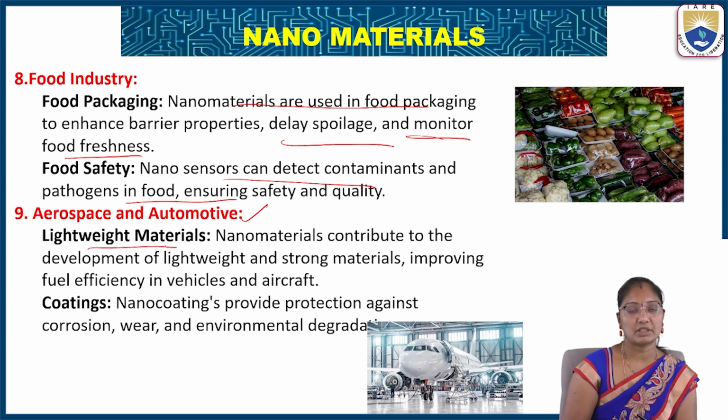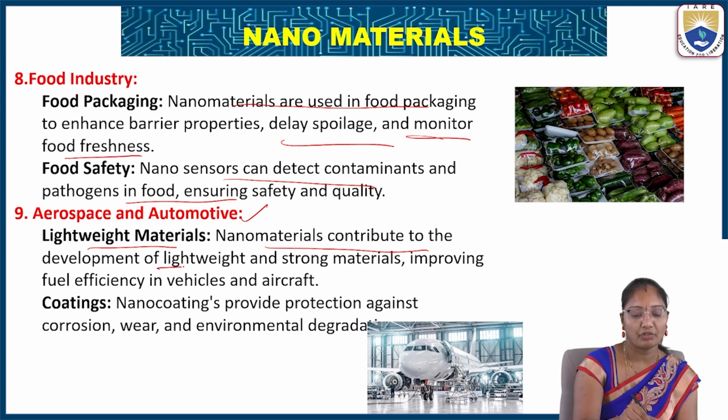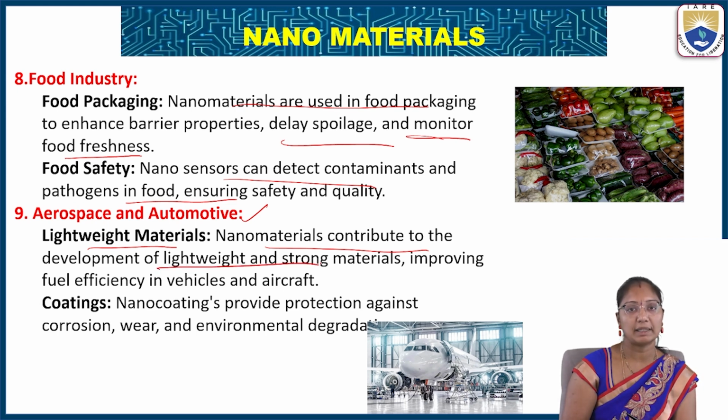They use lightweight materials. These nanomaterials contribute to the development of lightweight and strong materials, improving fuel efficiency in vehicles and aircraft. They also increase the durability and strength of the compounds used in the aerospace and automotive industry.